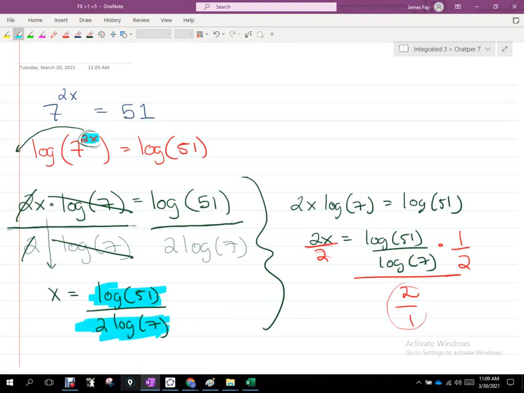2 log 7. So does that prove to you that you can either, if you're trying to solve for x, you can divide by the 2 and then divide by the log 7, or you can divide by the log 7 and then divide by 2, or you can do it all at once. Okay, I just want to try to give you options. People always think, oh, I got to do it the way Mr. Fay does it, or whoever the instructor is.